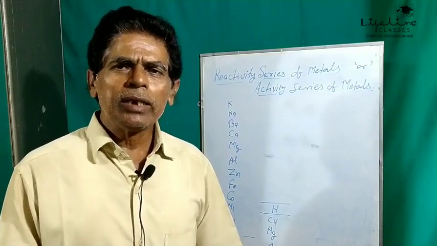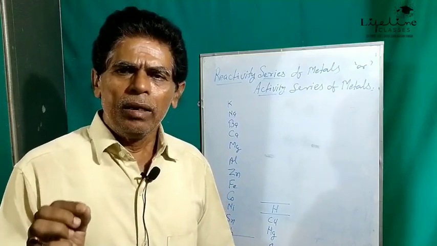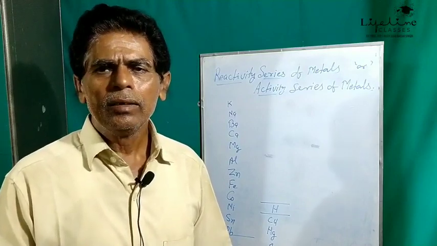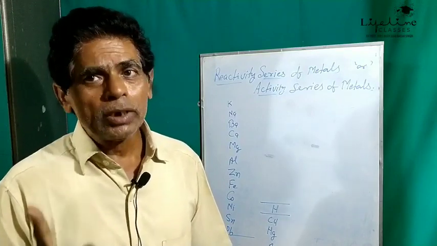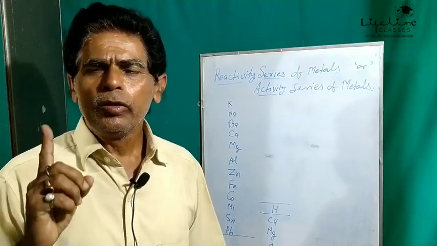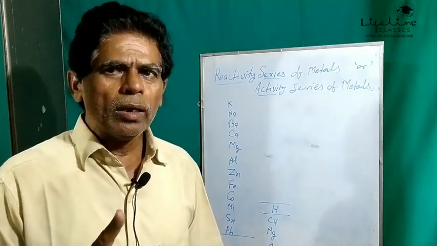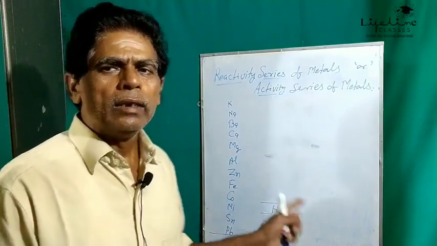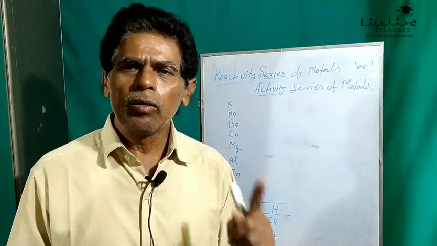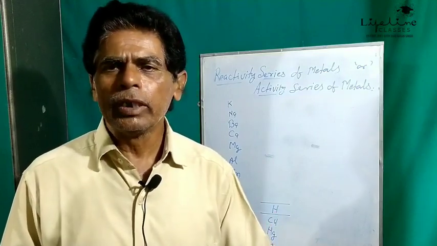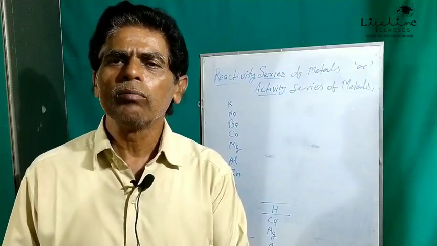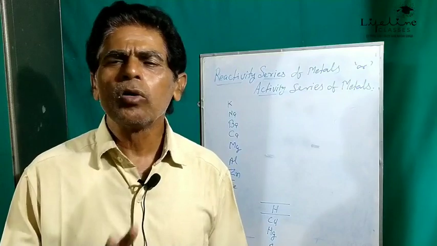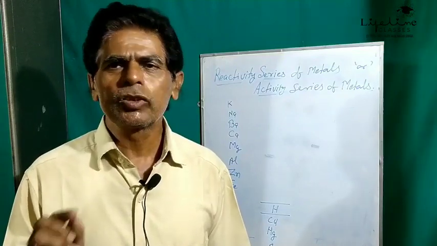So, these metals have very less tendency to lose electrons, and their electron losing tendencies are much lower than the electron losing tendency of hydrogen. That is why they do not displace hydrogen from the dilute acids and do not liberate hydrogen gas, or you may say that no reaction will occur in this case.